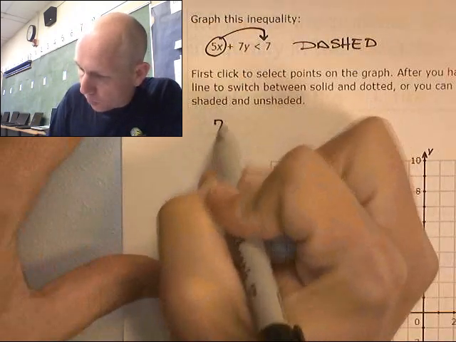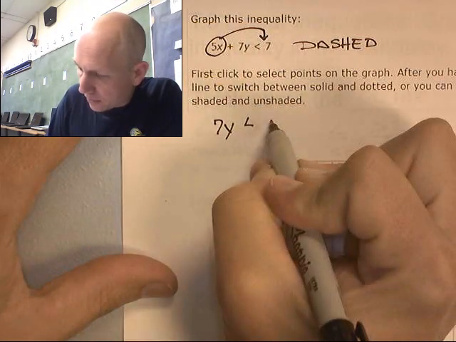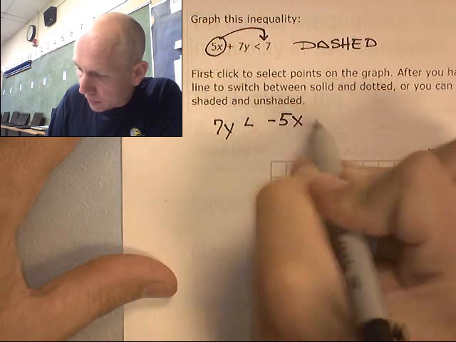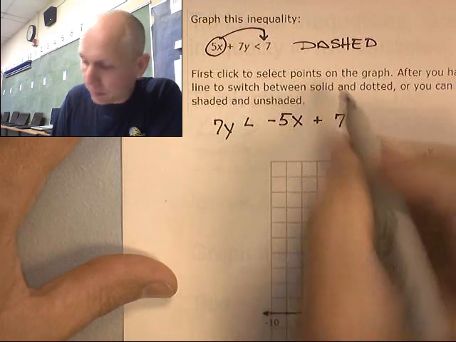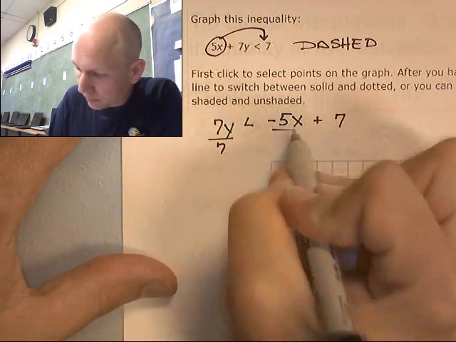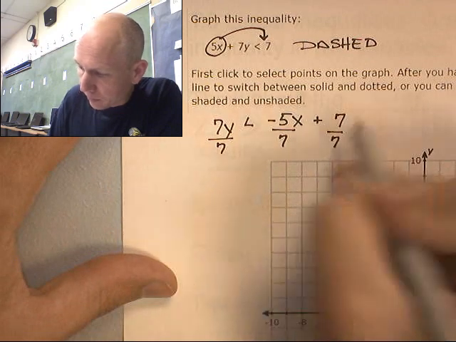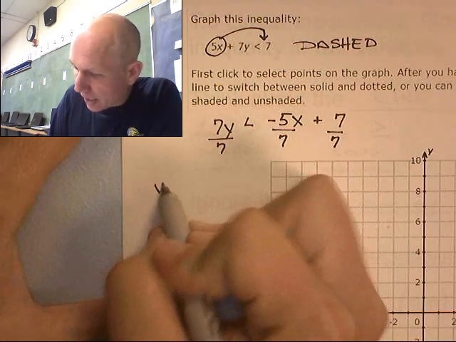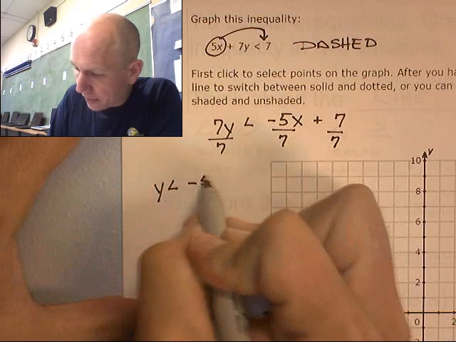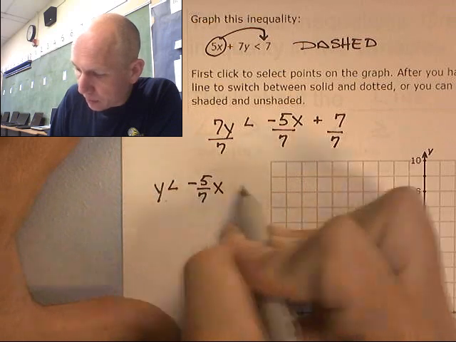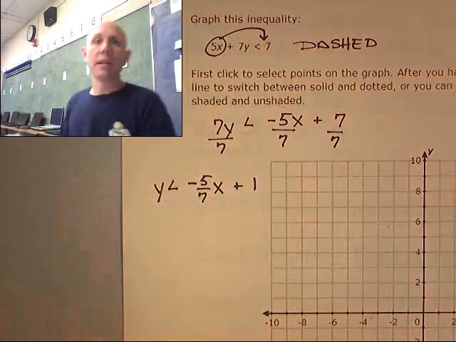I'm going to have 7y is less than negative 5x plus 7. So I have y is less than negative 5/7 x plus 1. Now it's ready to graph.